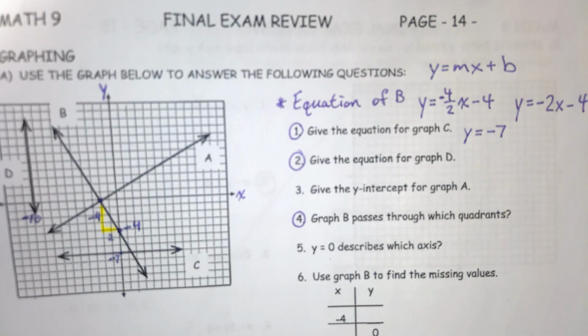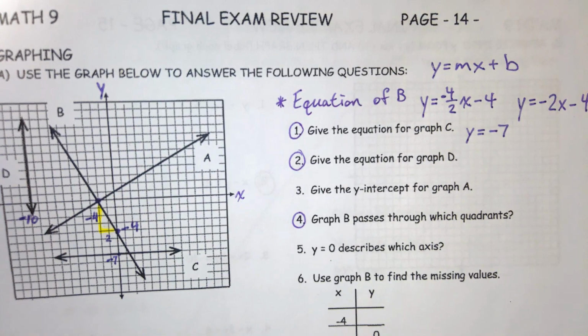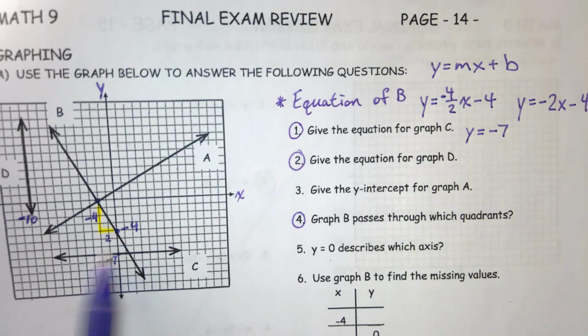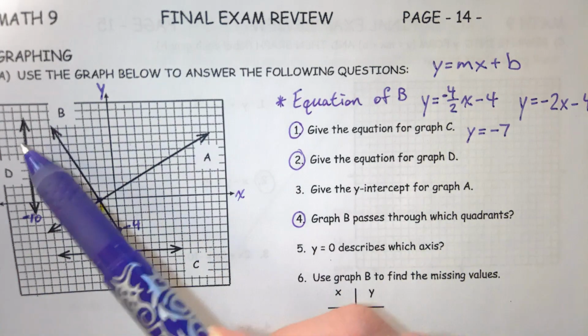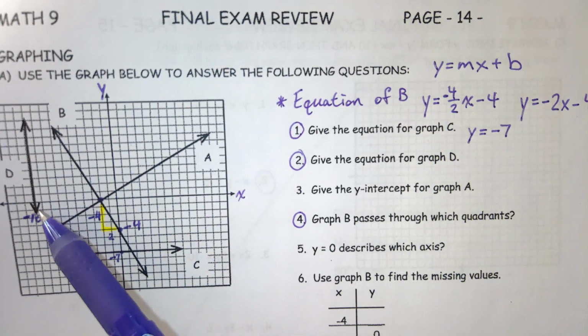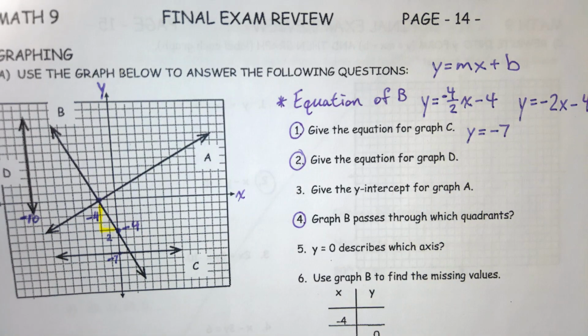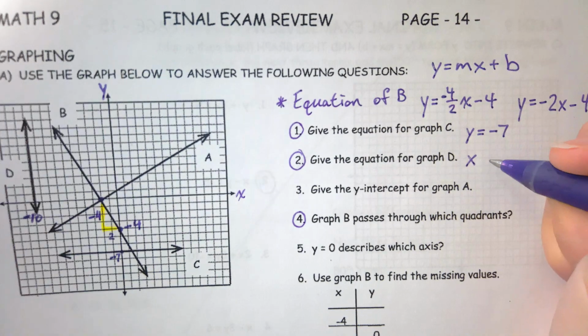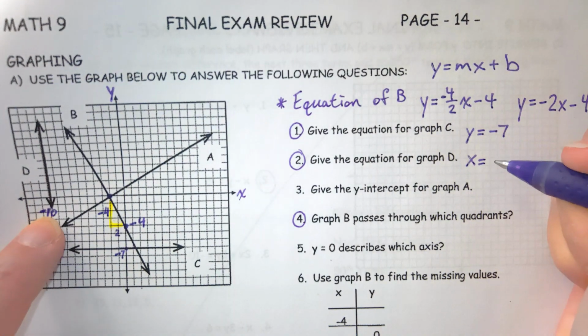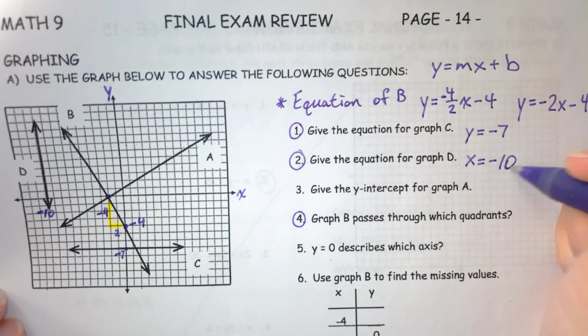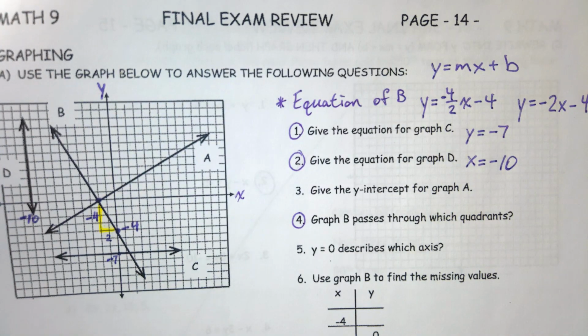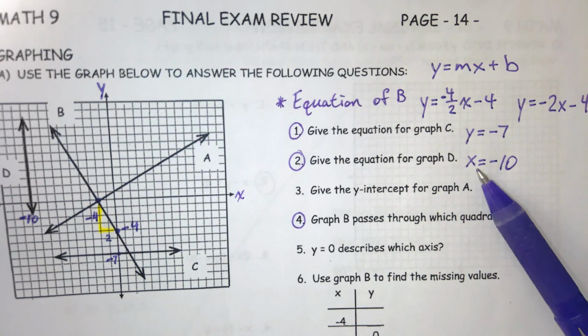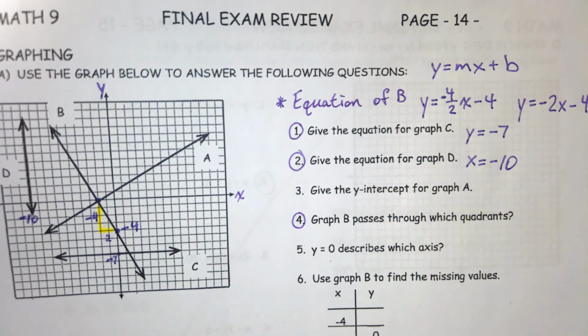Gavin, if a horizontal line is y equals -7, then what would this vertical line be? Just x. That's right. x equals negative 10. So all horizontal lines will be y equals, and all vertical lines will be x equals.